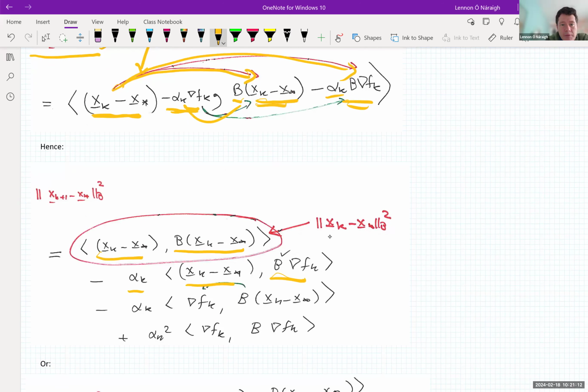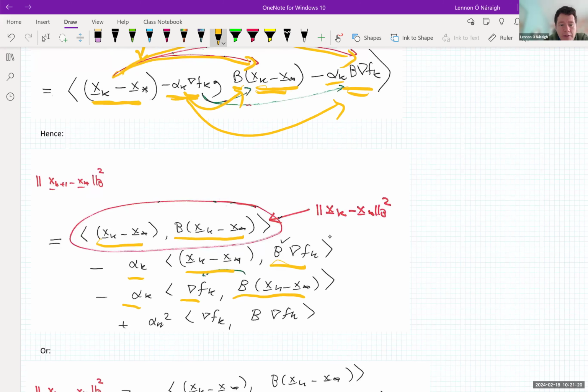Then the next term will be minus alpha k grad fk dotted with b into xk minus x star. And finally, alpha k squared grad f dotted with b grad f. The first term here is that combination again of xk minus x star dotted with itself and weighted with b. So this is the norm of xk minus x star, b squared.